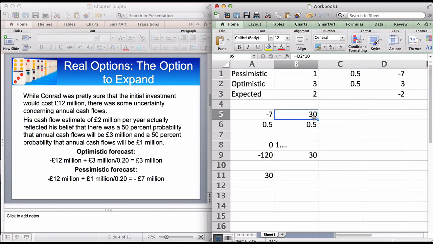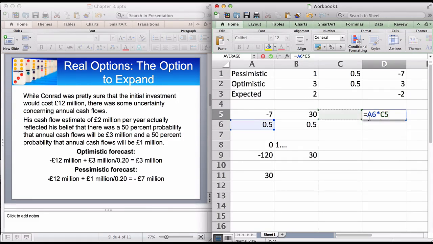You can take both directions to arrive at the final destination. So what's the NPV now if you have the option to expand? Well, it's the probability of the pessimistic outcome multiplied by the NPV in the pessimistic scenario, plus the probability of the optimistic outcome multiplied by the NPV of the optimistic scenario, and you've got an NPV of 11.5.